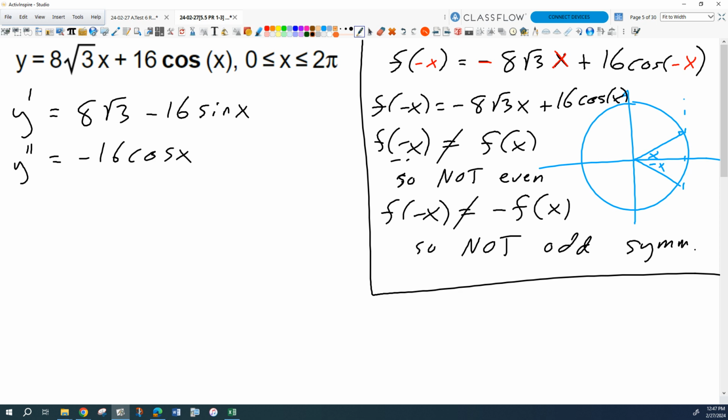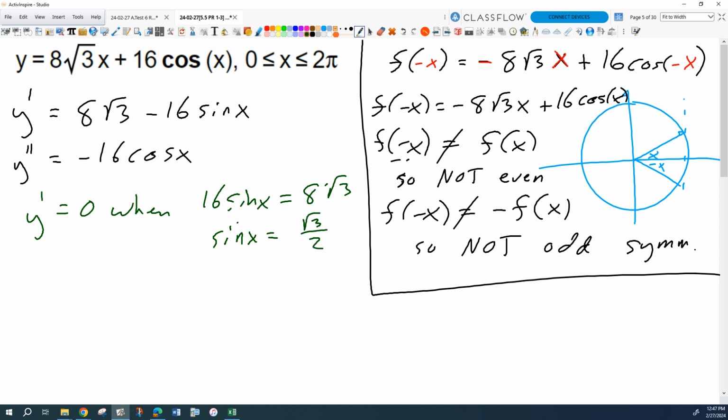Okay, so then would you agree we could say that y prime equals 0 when 16 sine x equals 8 radical 3. Agreed? Which is the same thing as saying sine x equals square root of 3 over 2.